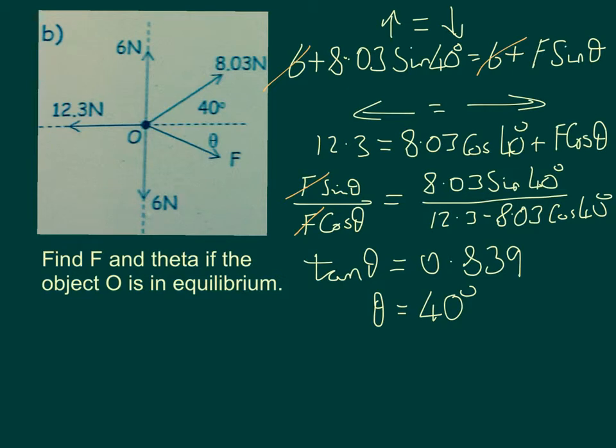And that makes sense because this is a symmetrical system. These forces are symmetrical. This one points along this line, so these two are going to have to balance each other in the vertical direction.